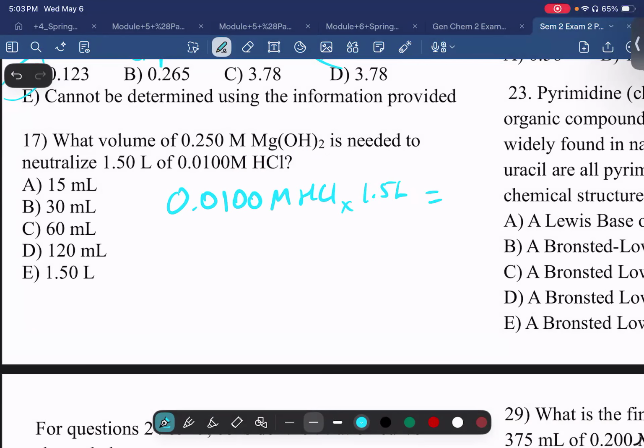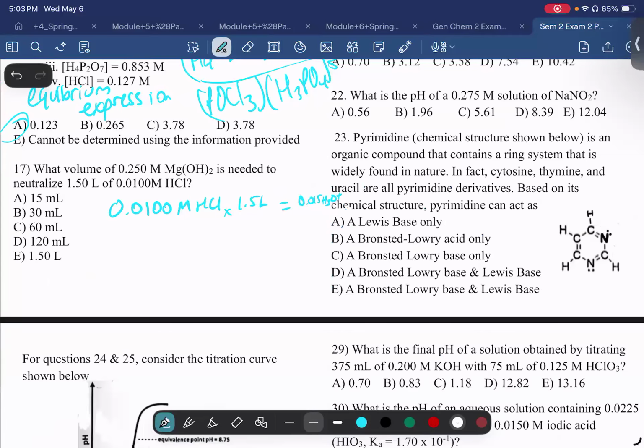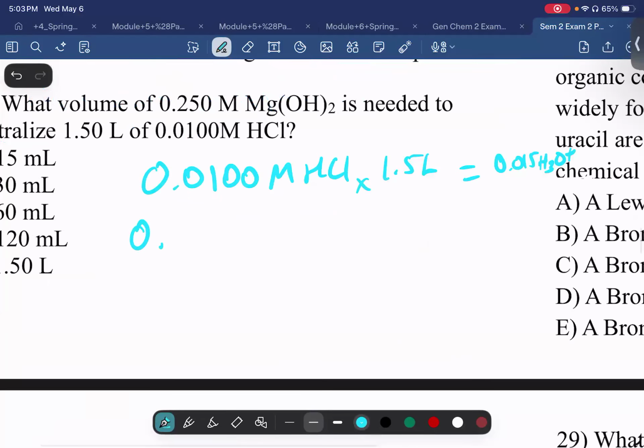Let's put that in the calculator: 0.01 times 1.5 equals 0.015, which is the hydronium amount as well. And that also has to equal the hydroxide amount. So 0.0150 mole of hydroxide.